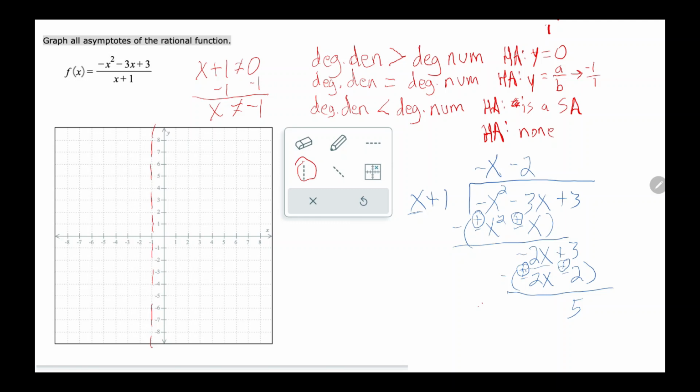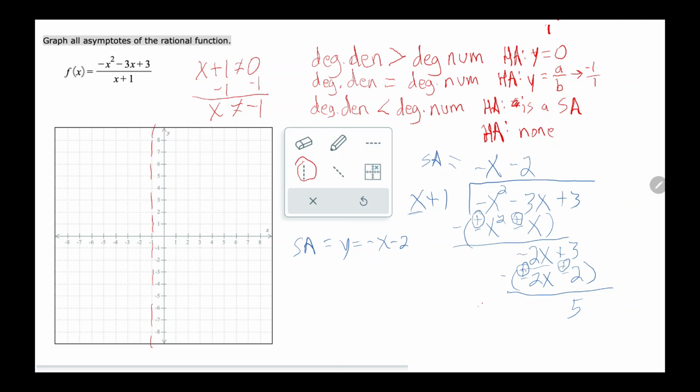So I have a slant asymptote, and it is right here. Formally, I might write this as SA is equal to the line y equals negative x minus 2.